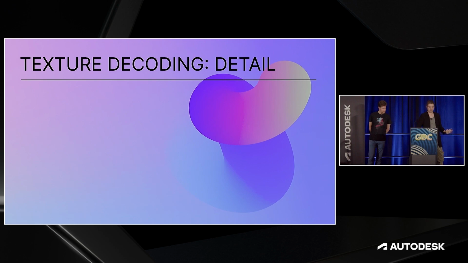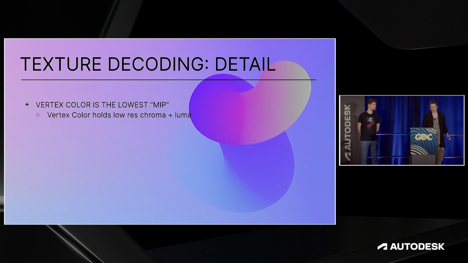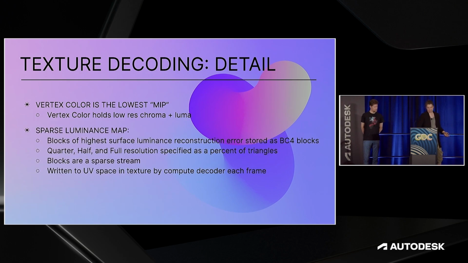We can think of the vertex color data as being sort of the lowest MIP of the texture data. So we're using the vertex colors to carry both chroma and luminance values for every point on the mesh, this lowest MIP. Then you've got quarter resolution, half resolution, and full resolution texture blocks that are only storing luminance values.